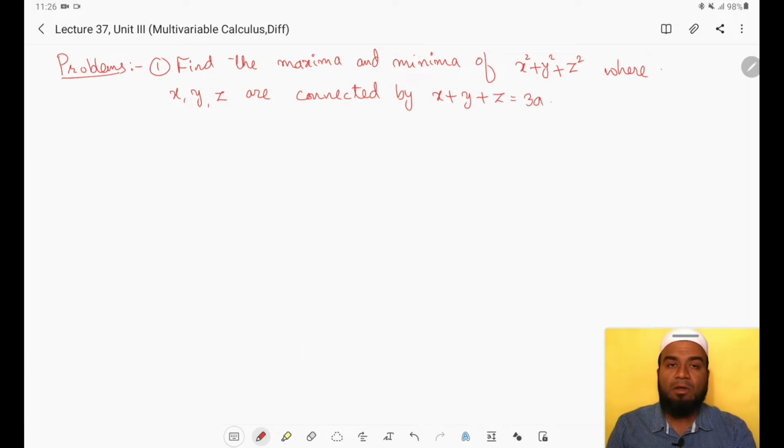One condition is given on xyz, which is x plus y plus z equals 3a, and the function is given to be x square plus y square plus z square, right?